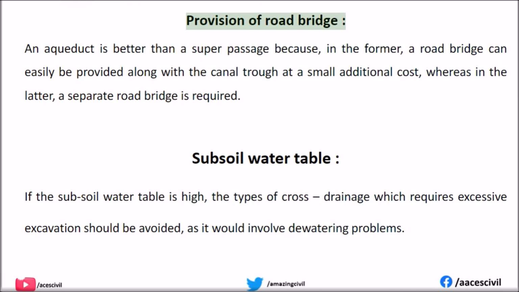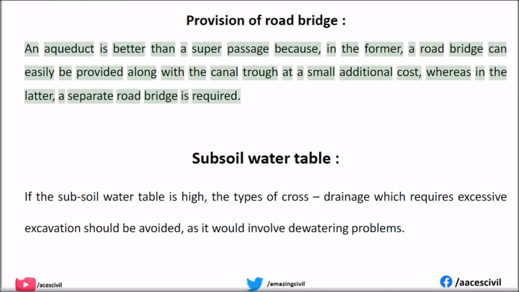Provision of road bridge. An aqueduct is better than a superpassage because, in the former, a road bridge can easily be provided along with the canal trough at a small additional cost, whereas in the latter, a separate road bridge is required.